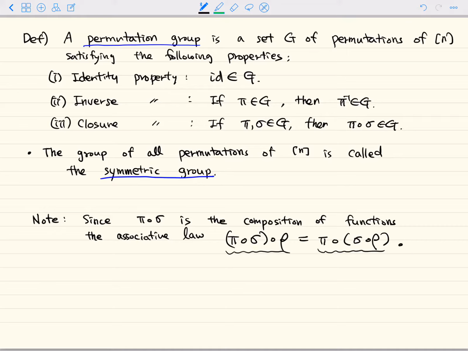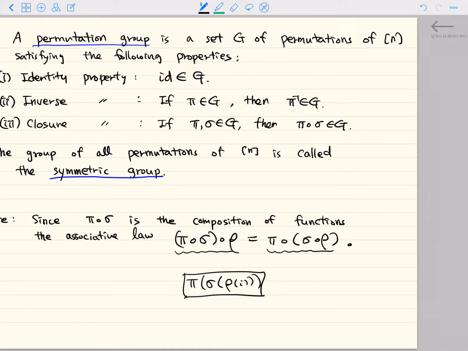I'm not going to go through the details, but it's very easy to see, because as a function, if you want to know which integer i gets sent to by these two permutations, they both get sent to the same number. Okay.